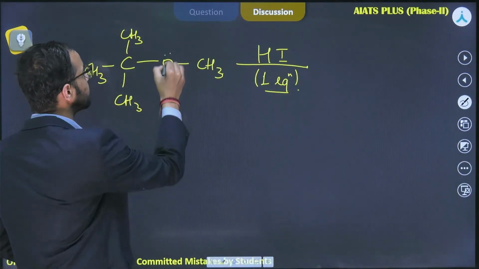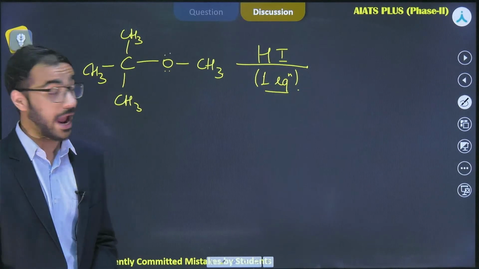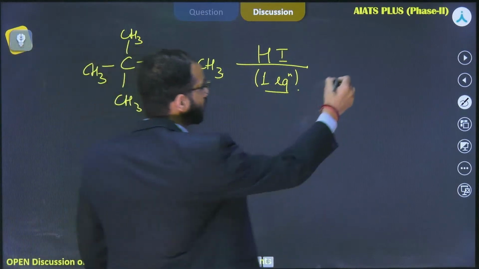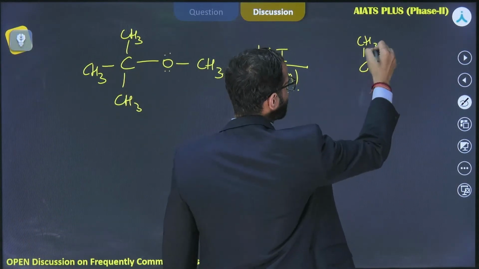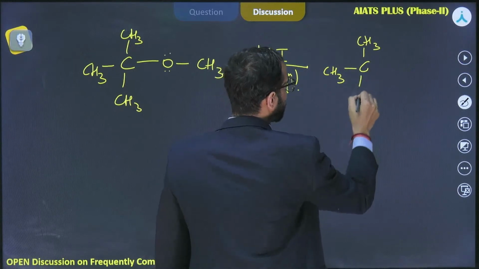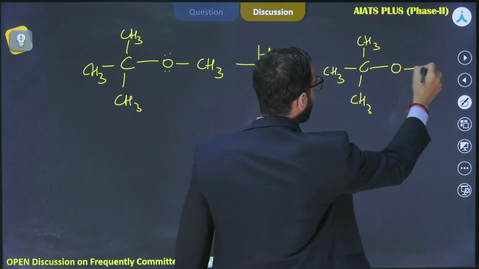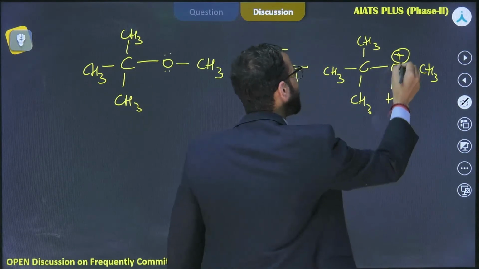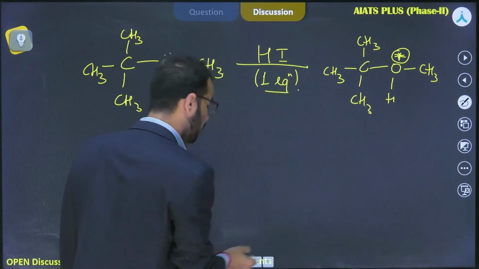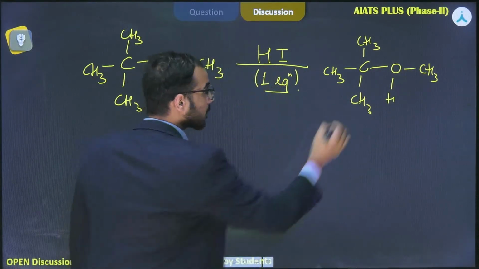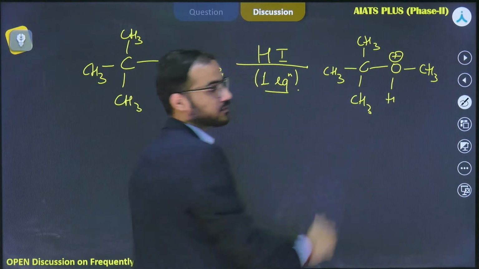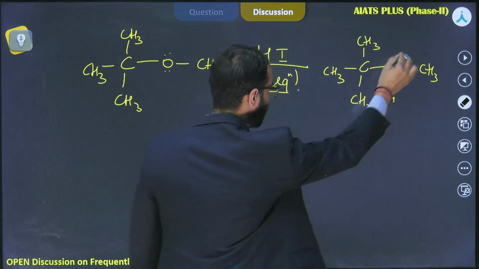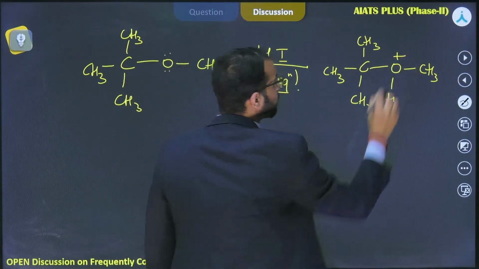The lone pair present on this oxygen atom will abstract a proton, and you will have CH3CH3CH3 O CH3 with an H, and a positive charge is formed over here. Is it clear?